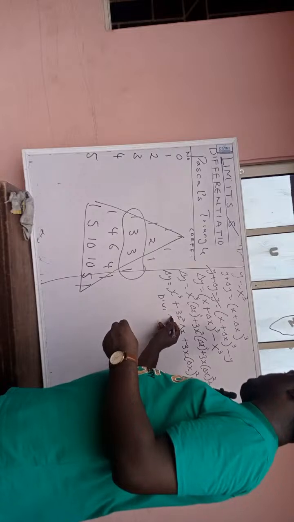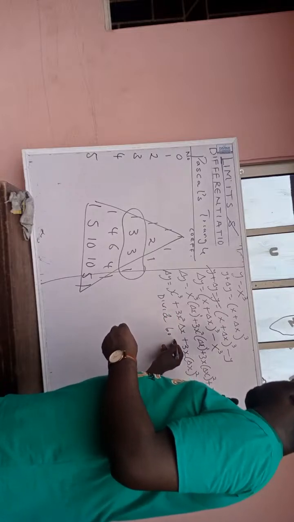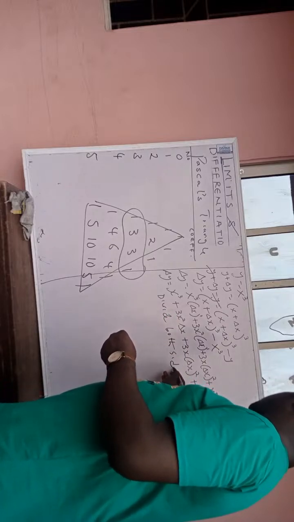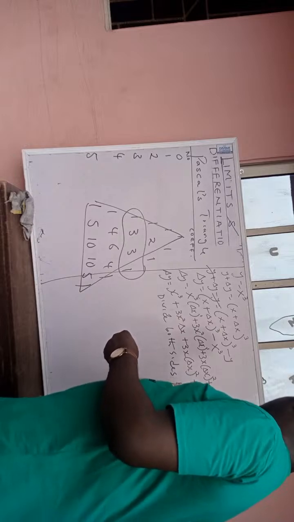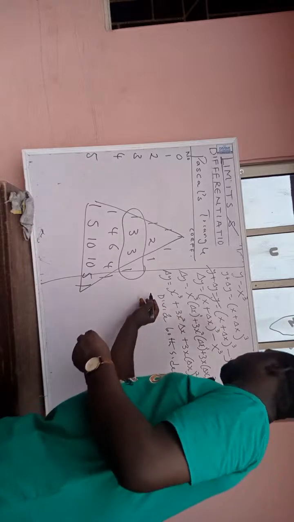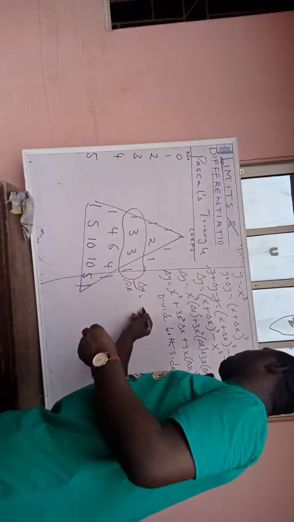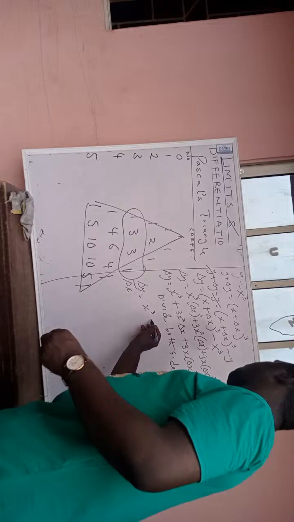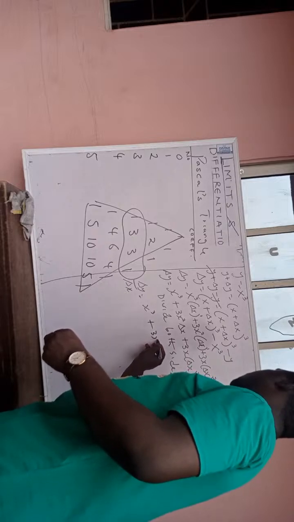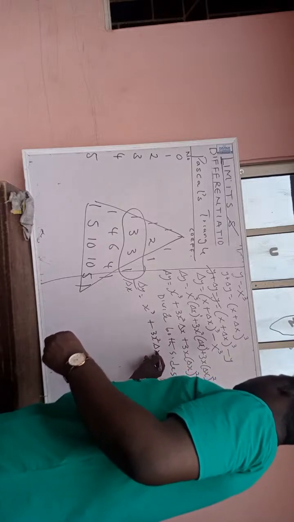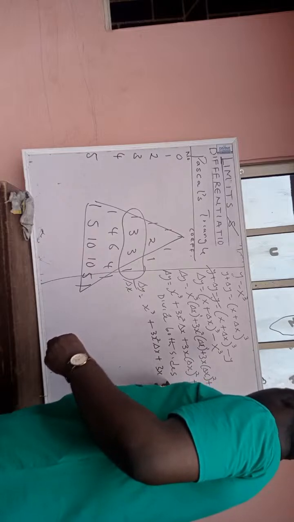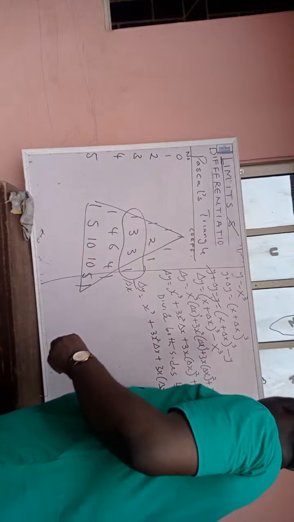Divide both sides by change in x. So change in y over change in x is equal to this. So you have this.